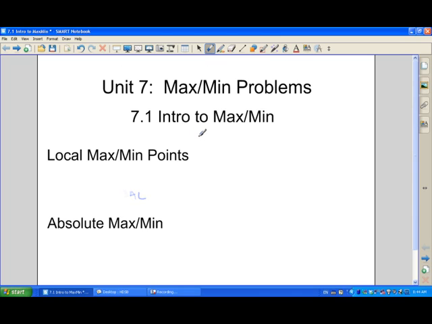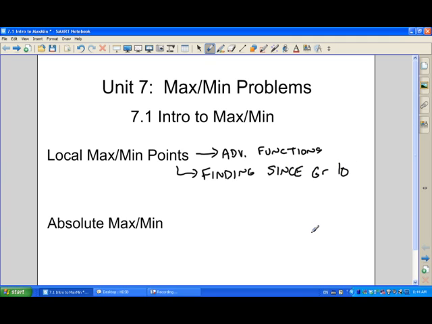Local max min points, you really identified these in advanced functions, but you've been finding them since grade 10. Now that we've learned calculus, we have a calculus way to find these local max min points.